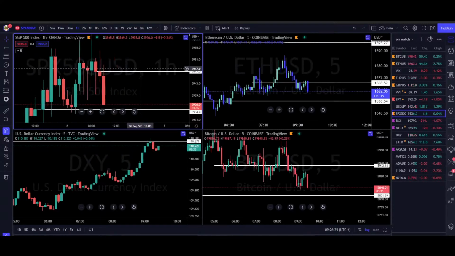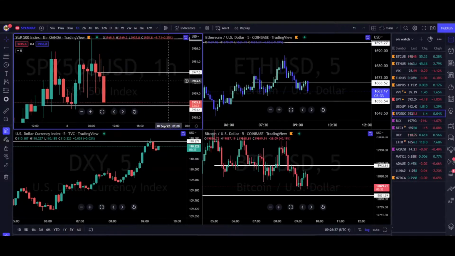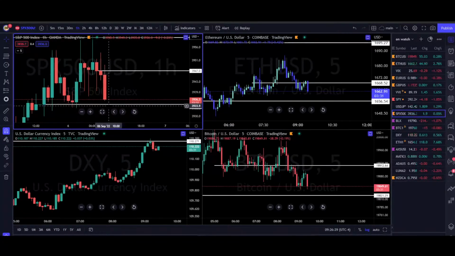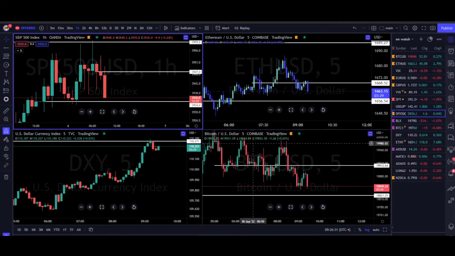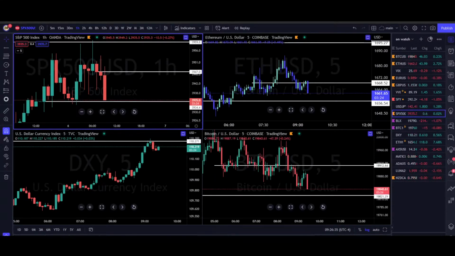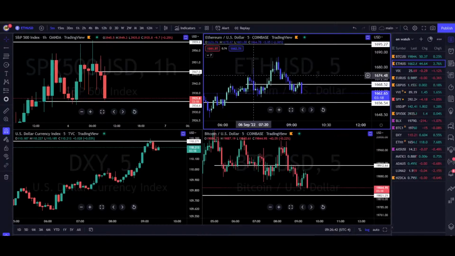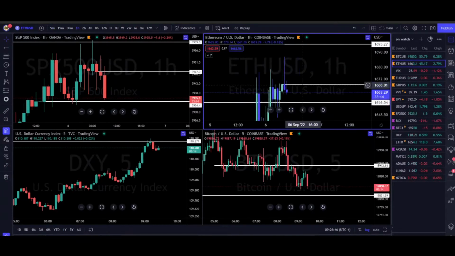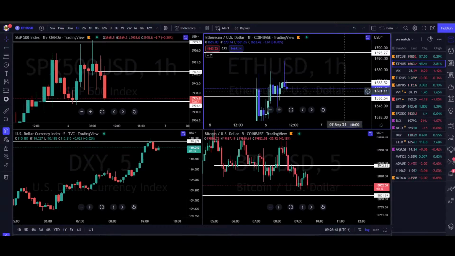Nothing. Oh, the open of the day. That's your daily open. You're trading into it. You see how you traded up right to the hourly resistance and now you're starting to roll over. That would have been your short entry.